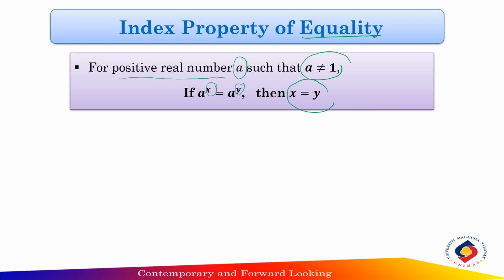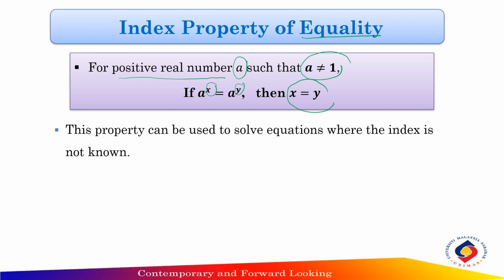Same base A and equal, so we can compare the indices. So x is equal to y. This property can be used to solve equations where the index is not known.